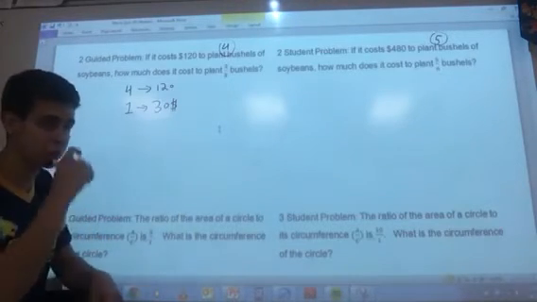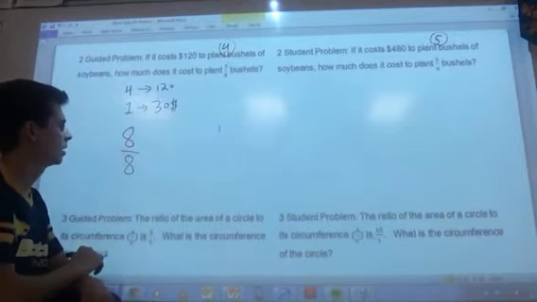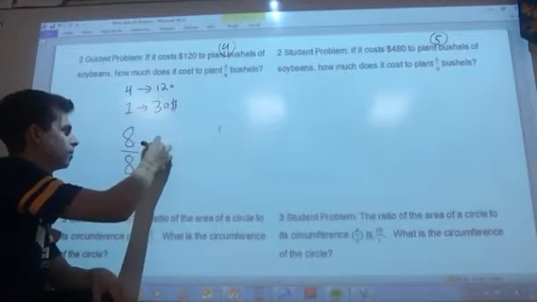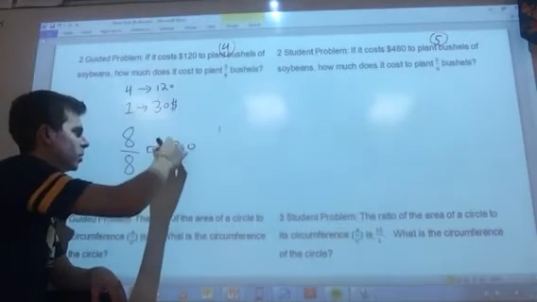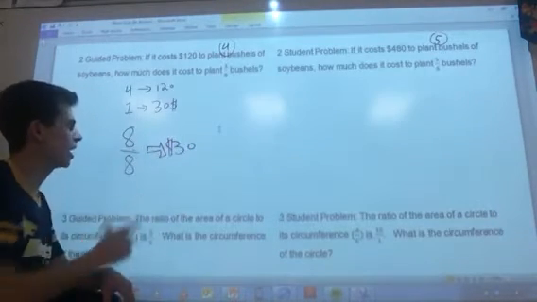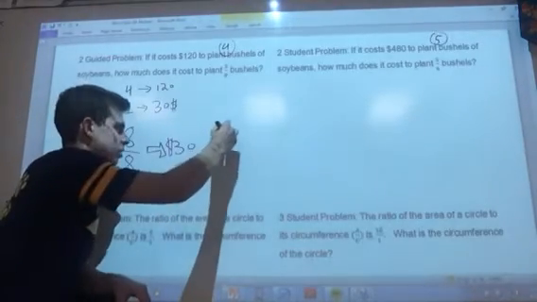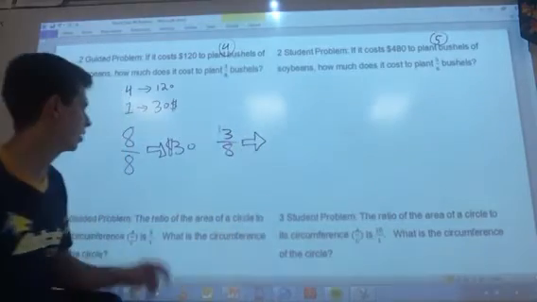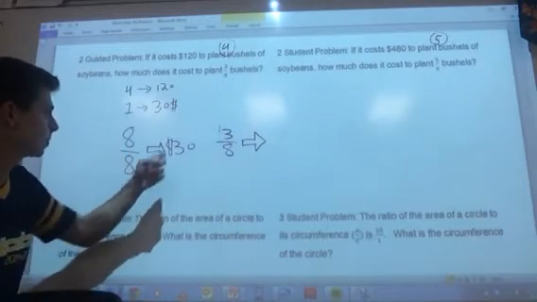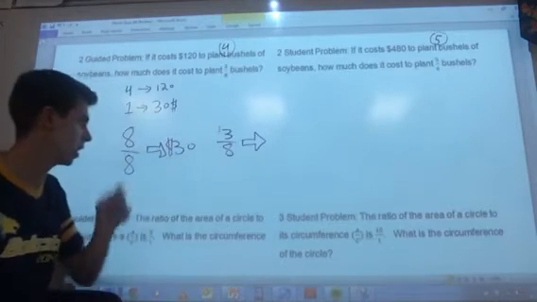Now, we're on the right track. Another way to write 1 is 8/8, so $30 makes 8/8, or 1 bushel, and we want 3/8. How much does that cost? Let's figure out what 1/8 is of 30, and then multiply it by 3 to get the 3/8.